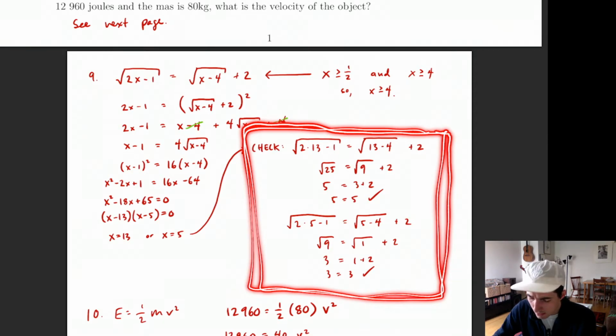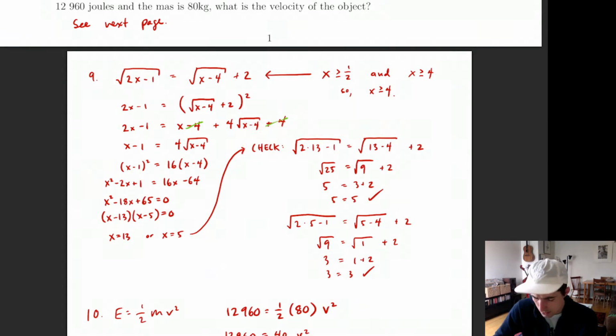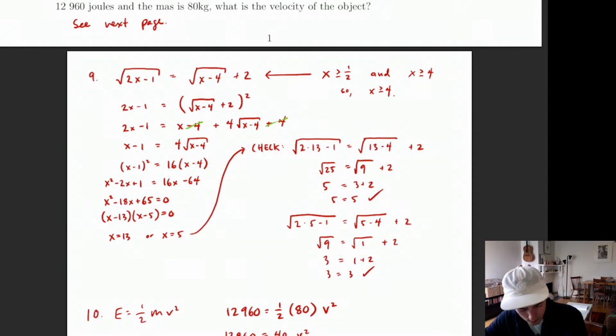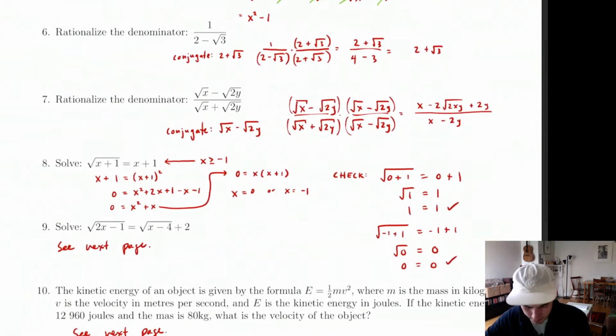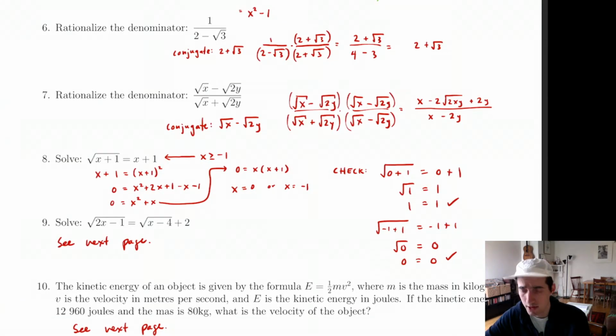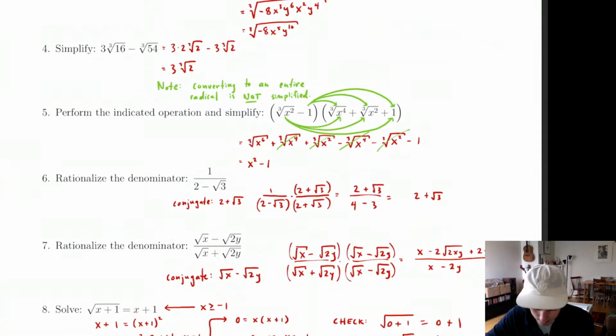If you don't check, you cannot be certain that your answers work, because in radical equations there are often solutions that don't work even though you do all the correct algebra. So I did take off marks if you did not check your answer, because we went through that several times in class together.